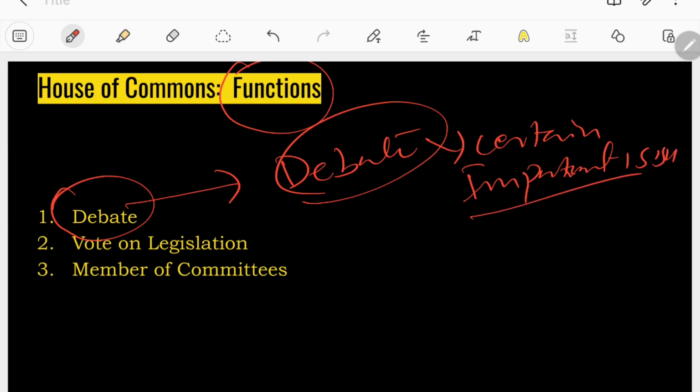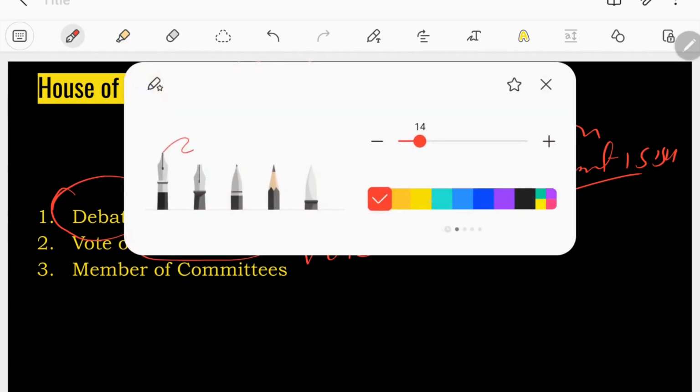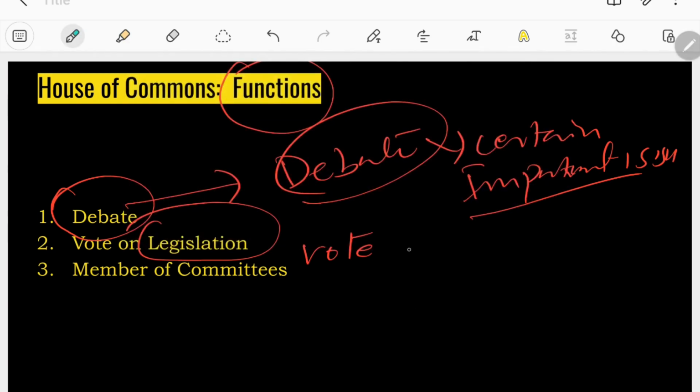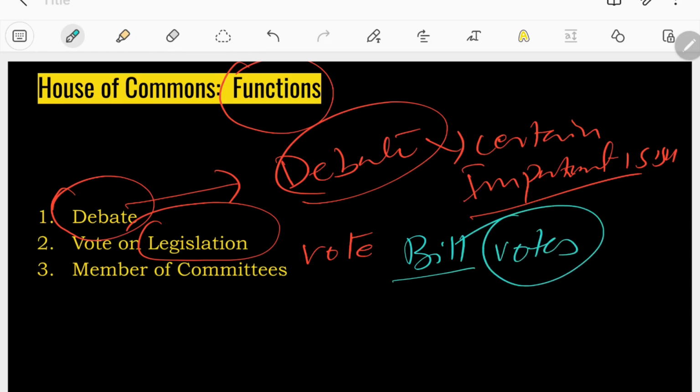If any issue is there, they can bring the attention of the House by the debates, and they will do also vote on the legislation. So whenever any bill is there, they will give their votes as well. So that is the way you can see the another function which they are doing.